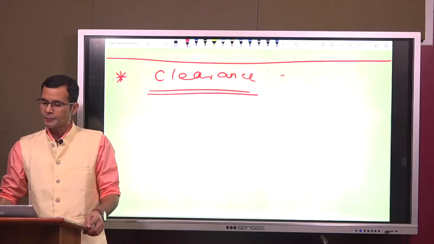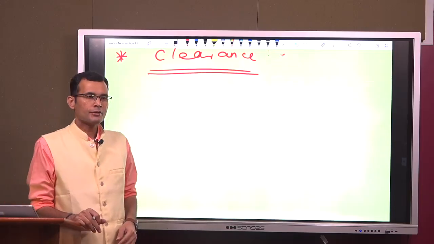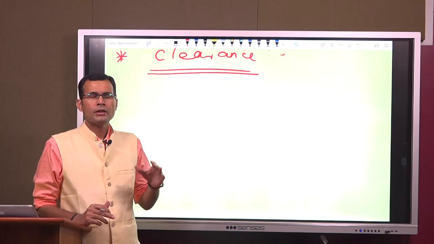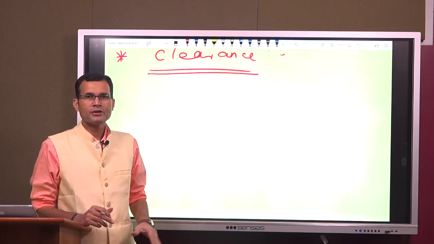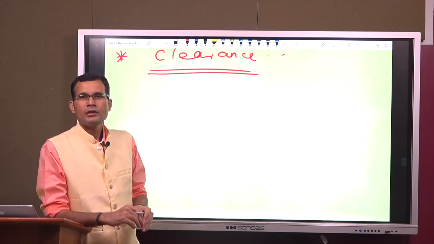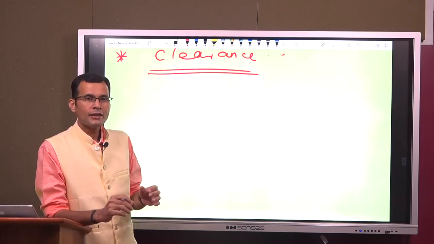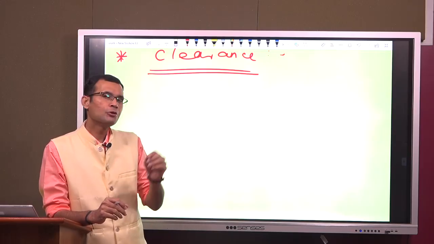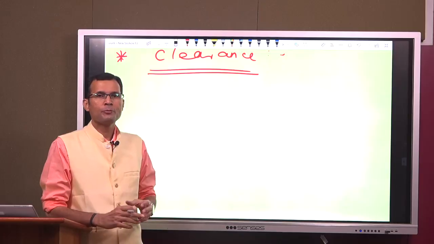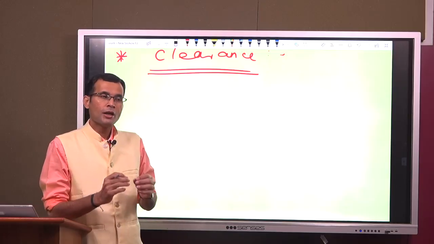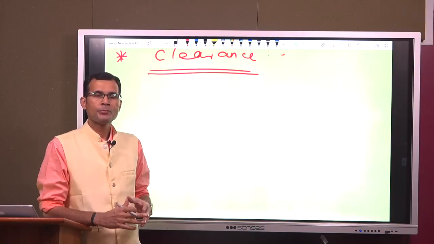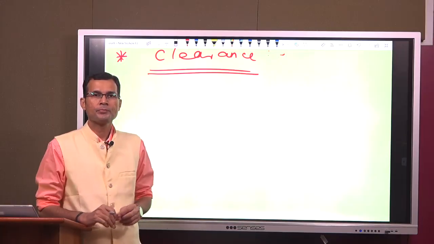So, let's understand the concept of clearance. Basically, it's defined as, now look at the definition, it's a slightly convoluted definition. It says clearance is the theoretical volume of plasma or notional volume of plasma or hypothetical volume of plasma that is completely cleared of a substance per unit time.